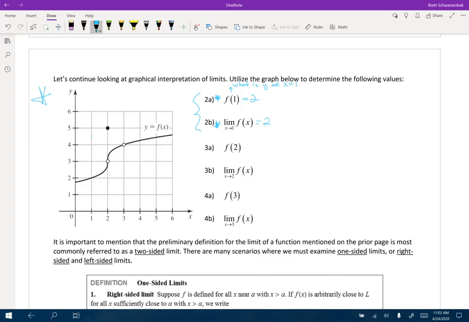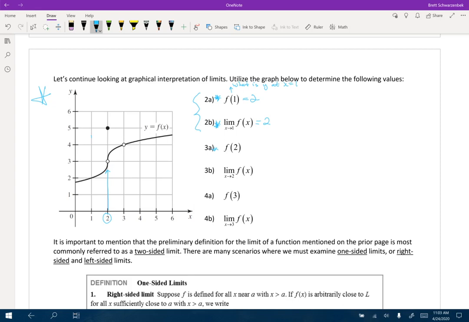Look at 3a. So I want to find f of 2. So I want to know, what is the value of y at x equals 2? So here's 2. So what do I do? I go up and I see, I have a hole in the line. So my question is what is f of 2? I often get students that will say it's undefined. I disagree.